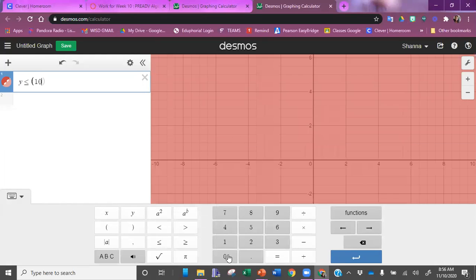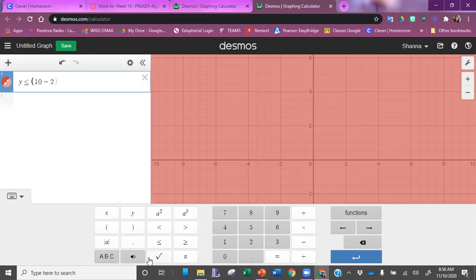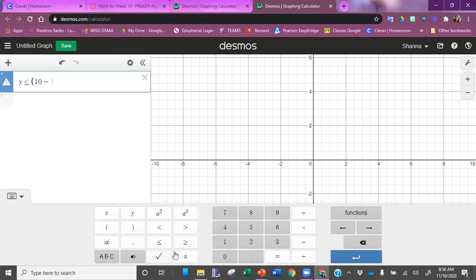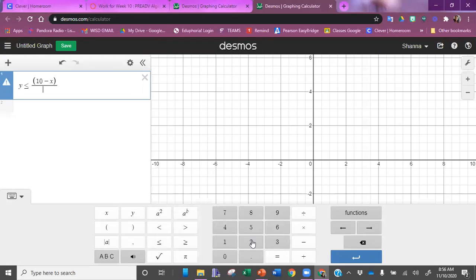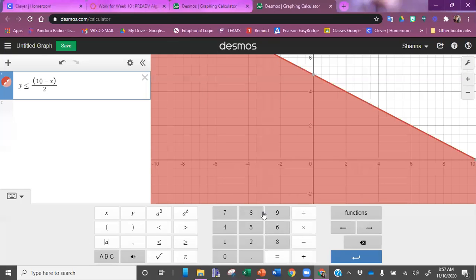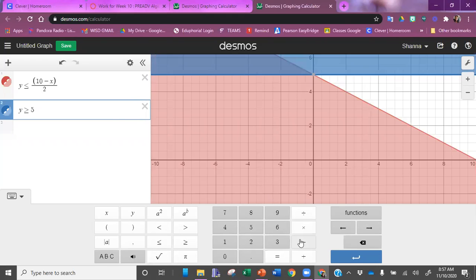So we did 10 minus X. Close parentheses, divided by 2. So there's my first, and I'm going to hit enter to put in my second. And on my second, I have Y is greater than or equal to 5 minus X.